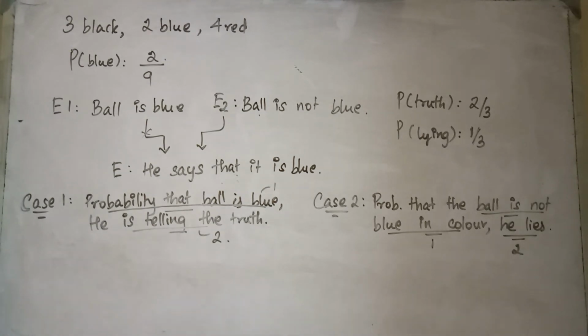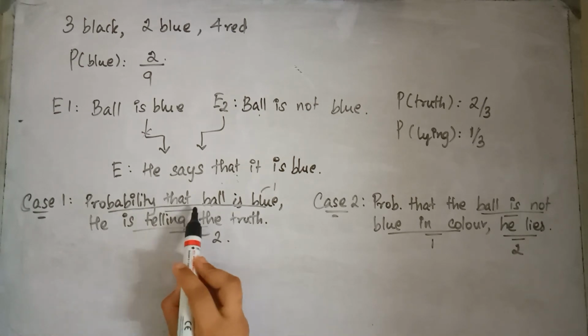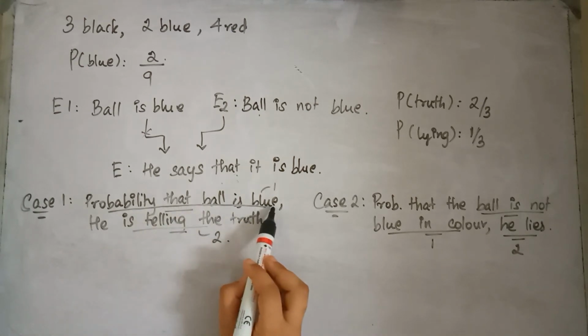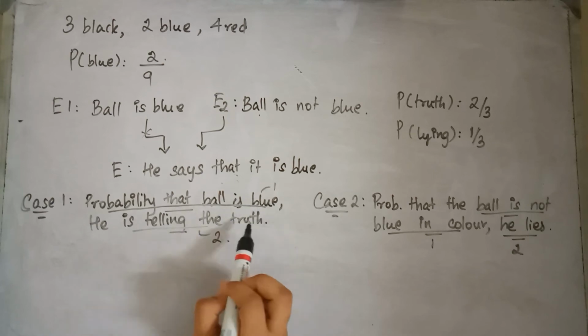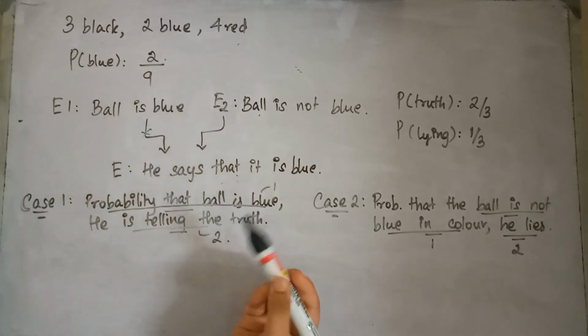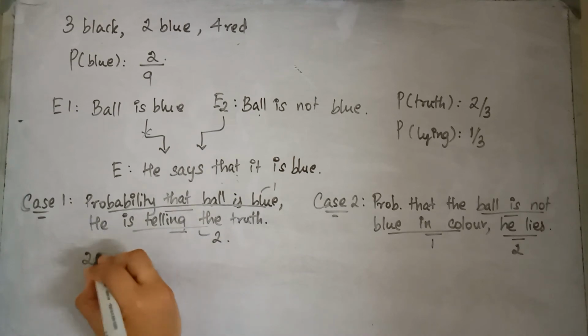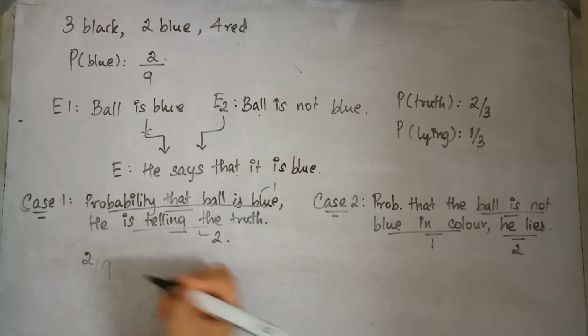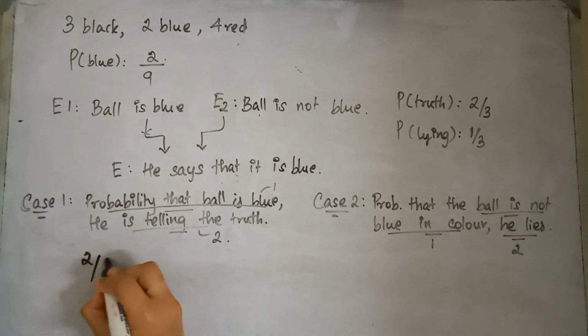Okay. So probability, let's look at it event by event. Probability that the ball is blue. What is the probability that the ball is blue? There are 9 balls and 2 balls out of it are blue. So we'll have 2 by 9, right? Let's look at the next event. He is telling the truth.